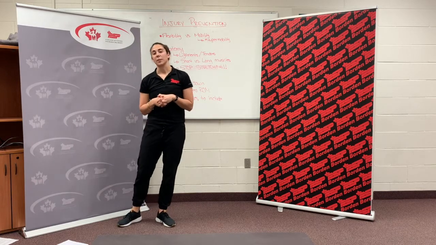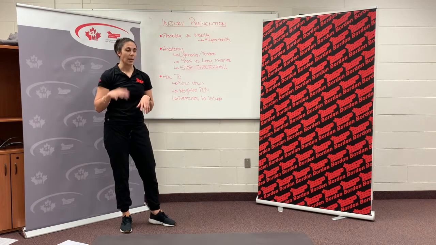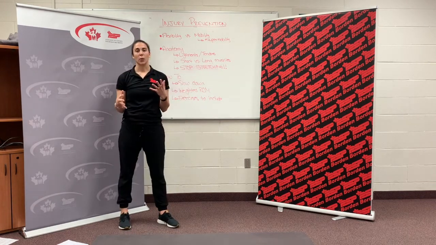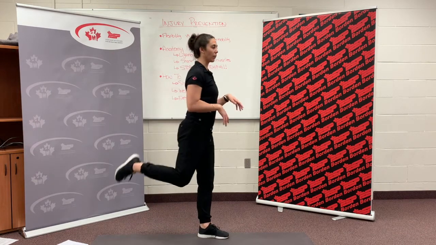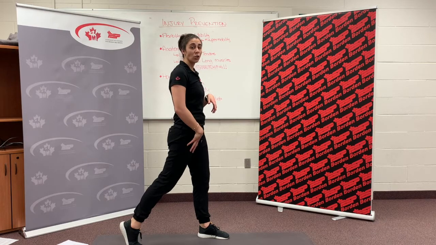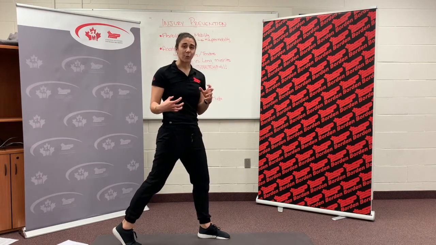A Bulgarian split squat is a good one as well, so similar to a lunge, except your back foot is going to be up, elevated on a bench or a chair. So what this does is, with your foot a little bit higher, you're now getting into that hip flexor, you're really stretching it out, but you're stretching it in a very active position.